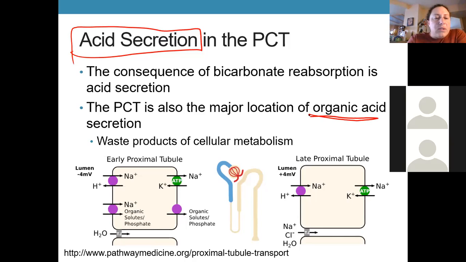So not only will the hydrogen ions themselves end up in the urine, but also any other types of acids will end up there too. So lots of hydrogen ions ending up in the lumen of the tube, as we simultaneously reclaim all sorts of other things.